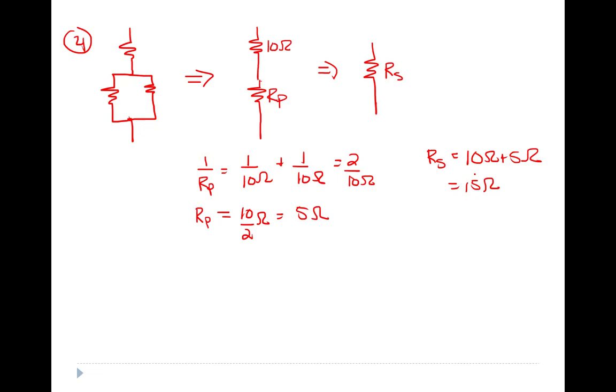So notice 3 resistors in each of the 4 cases. But depending on how I combined them, how I connected them, determined the overall resistance. And we had a low resistance for the combination for the 3 in parallel at 3.33 ohms.